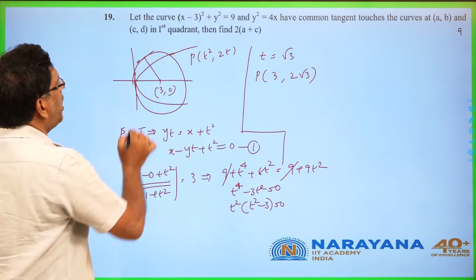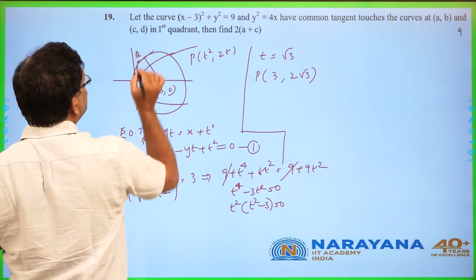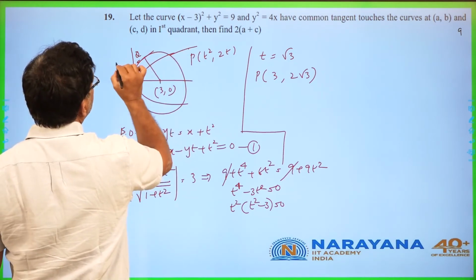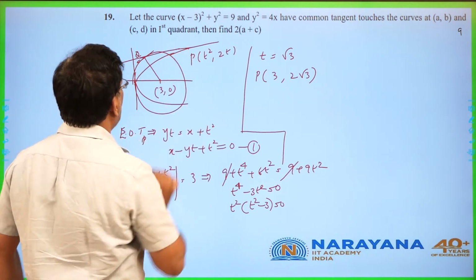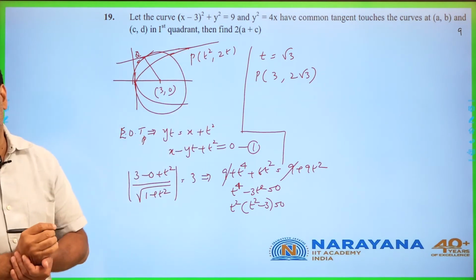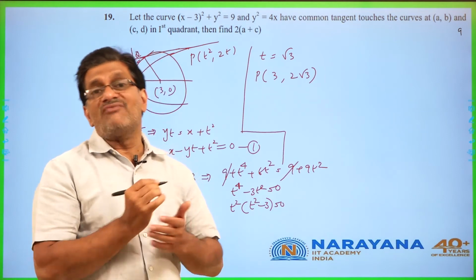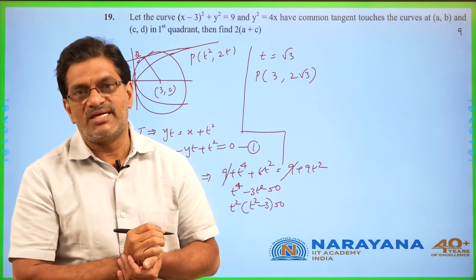Now I want this Q. So how to find Q? Q is the foot of the perpendicular drawn from the center.